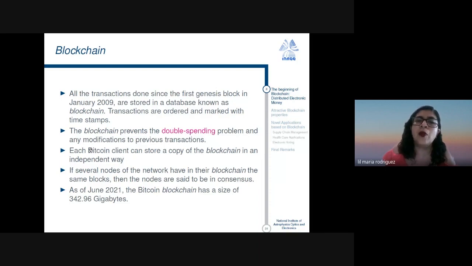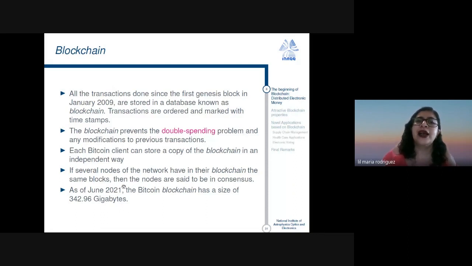Well, a Bitcoin client can store a copy of the blockchain in an independent way. If several nodes of the network have the same transactions in their blocks, we can say that the nodes are in consensus. So the blockchain also needs to run a consensus algorithm to decide which is the true history.